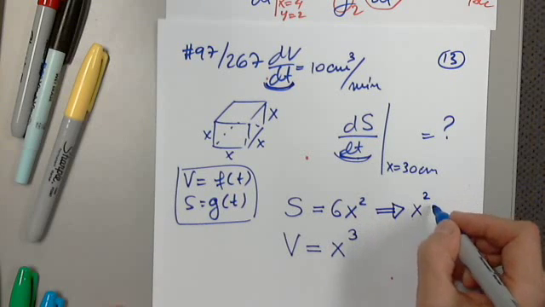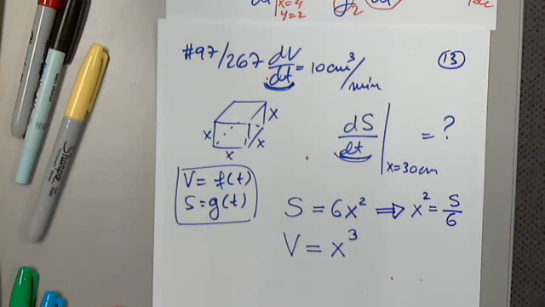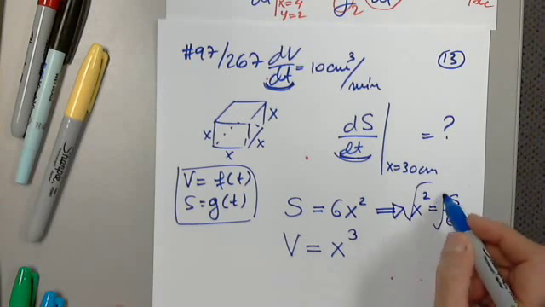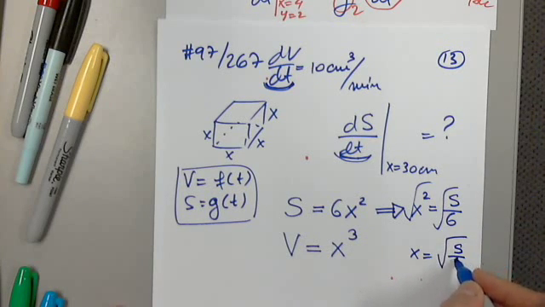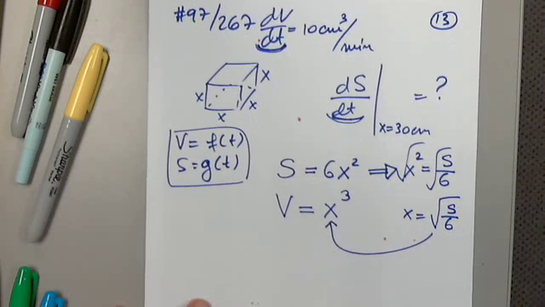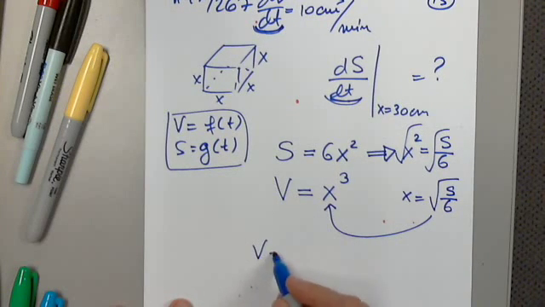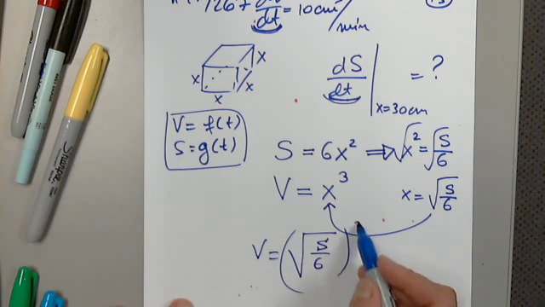So let's say x squared equals S divided by 6. X is a positive number. Everything is a positive number. So when I take the square root, I will not write plus or minus. And I will plug this in here. So V equals the square root of S divided by 6, everything raised to the third power.